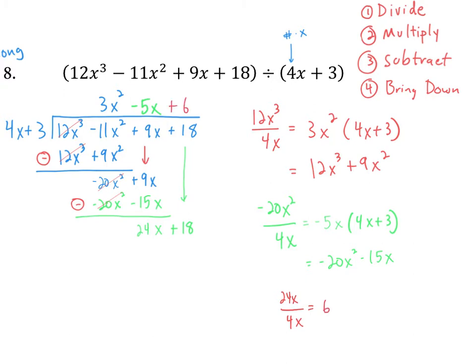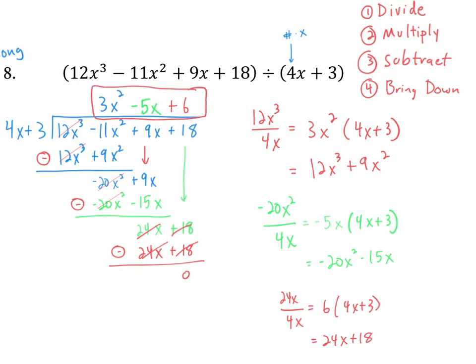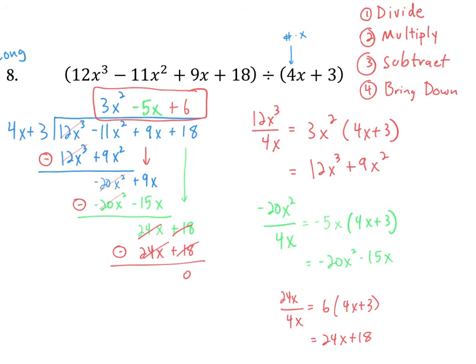Put that up there. Multiply it by the divisor, and line it up. Now when you subtract, everything cancels, and there's no remainder. If there's no remainder, then whatever's up here is the final answer for this.